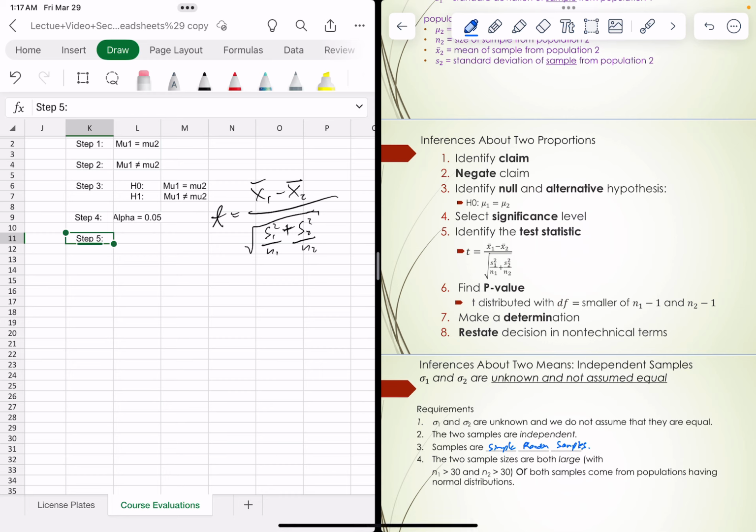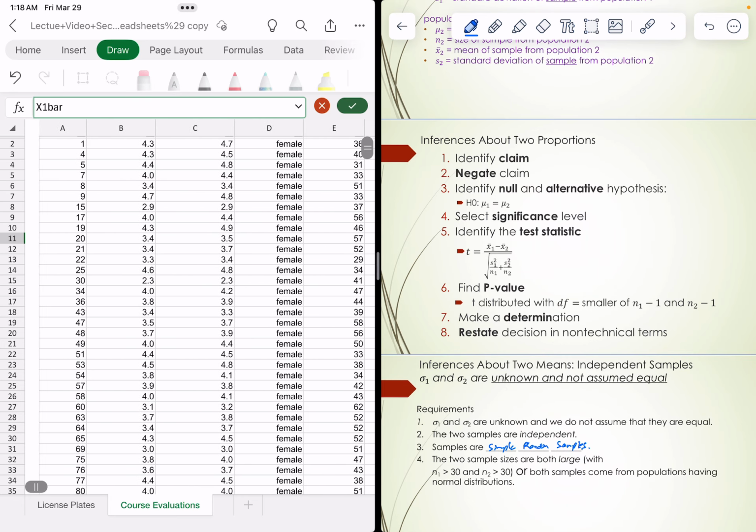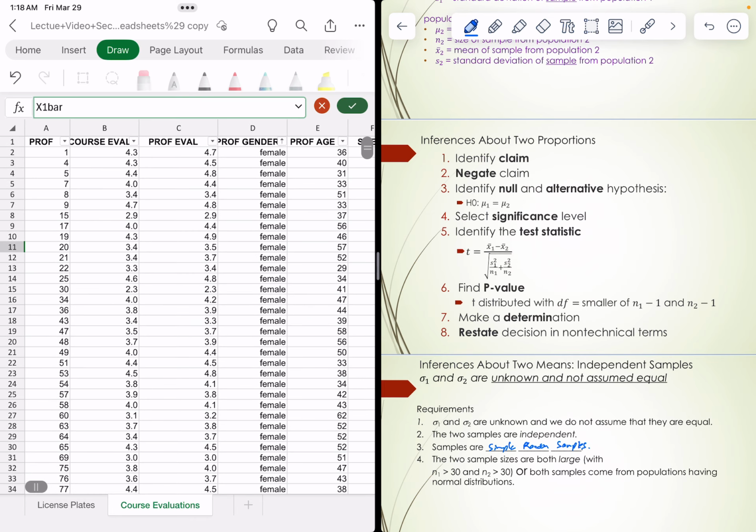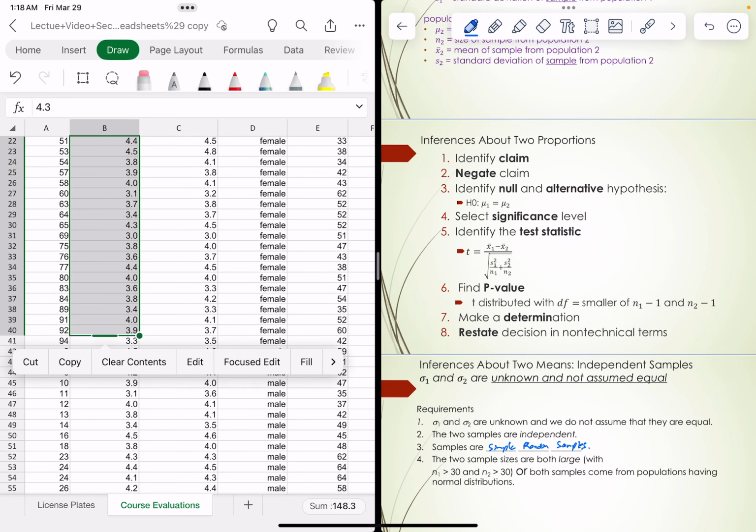Now let me start getting what I need. What do I need first? I need x1 bar. I'll say x1 will be the females, so the course evaluations with female professors, because those are on the top.